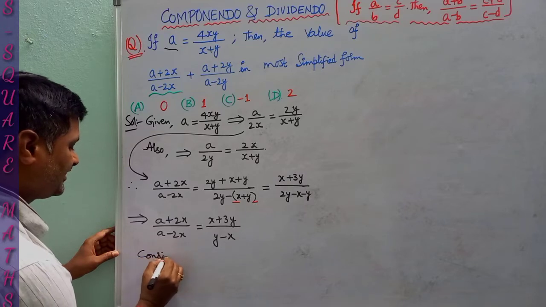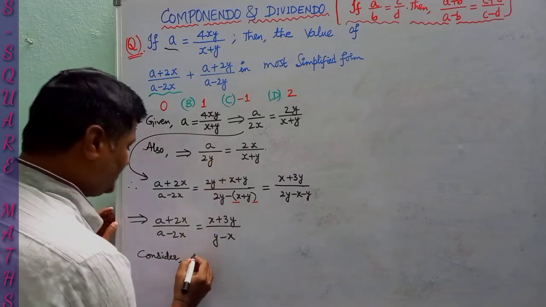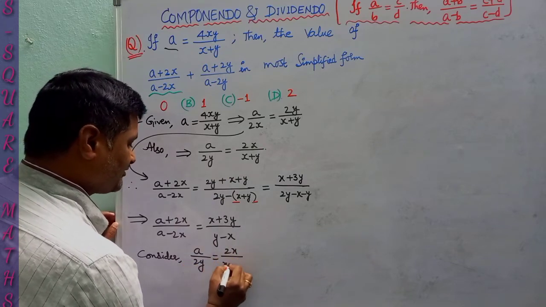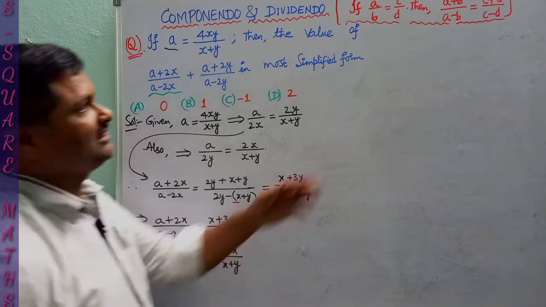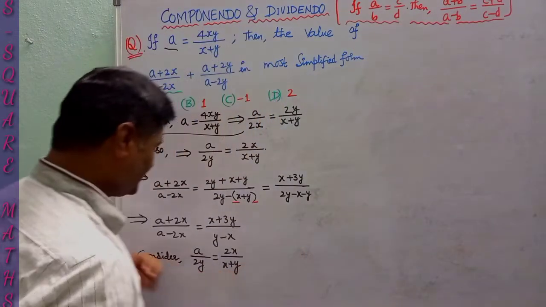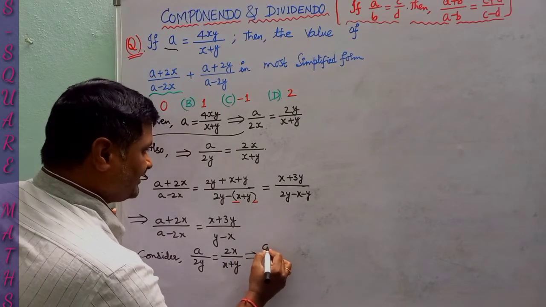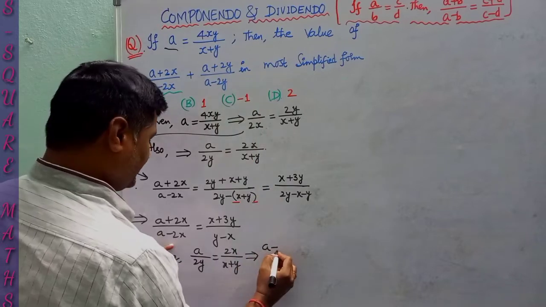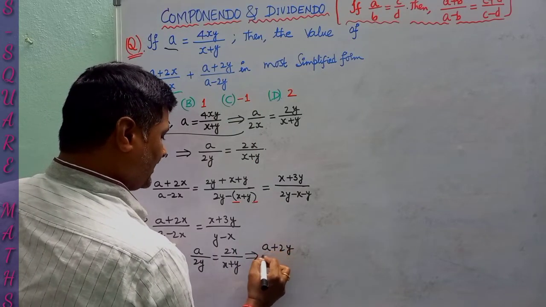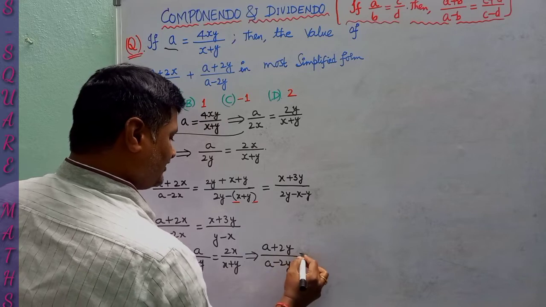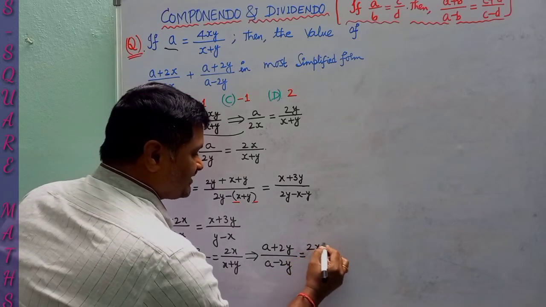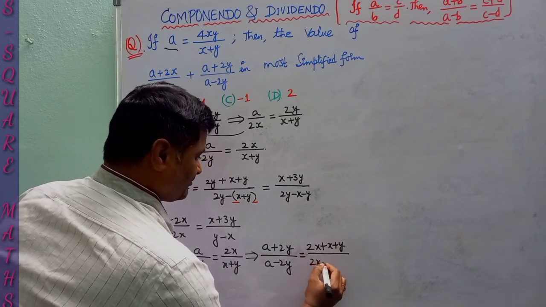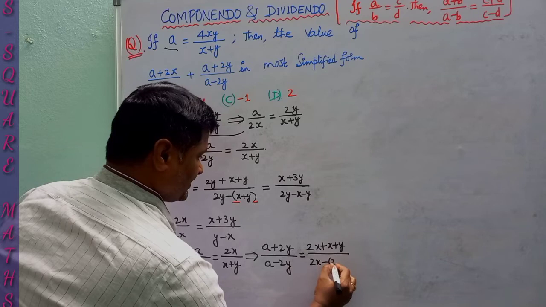Now consider our expression again, one more expression: a by 2y is equal to 2x by x plus y. Applying componendo and dividendo again for this expression, I can write a plus 2y by a minus 2y is equal to 2x plus y by 2x minus of x plus y.